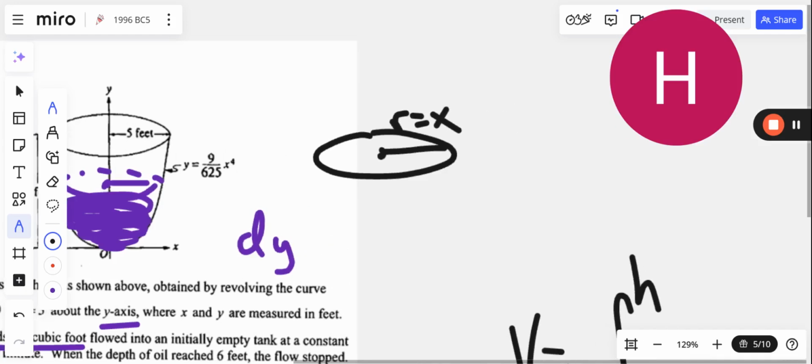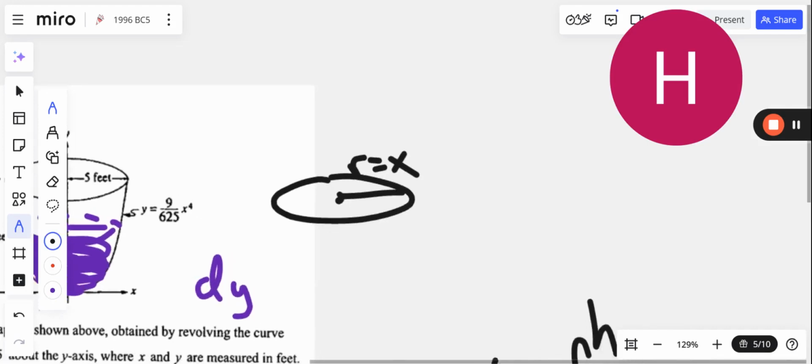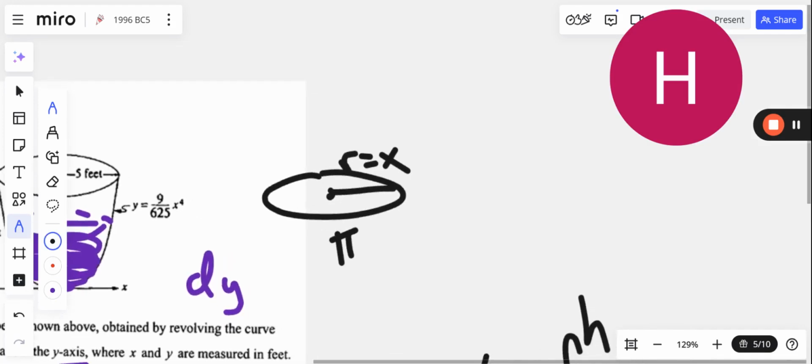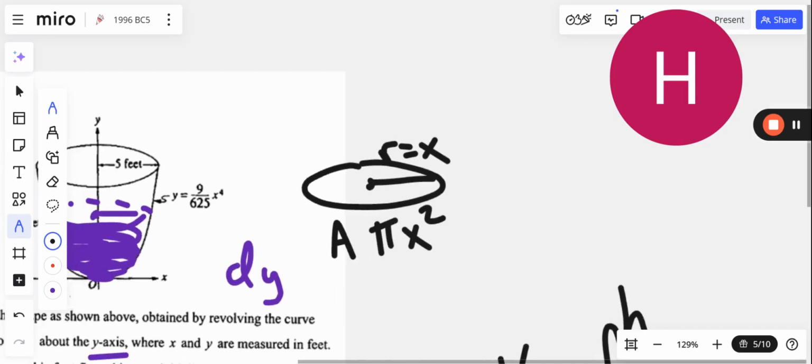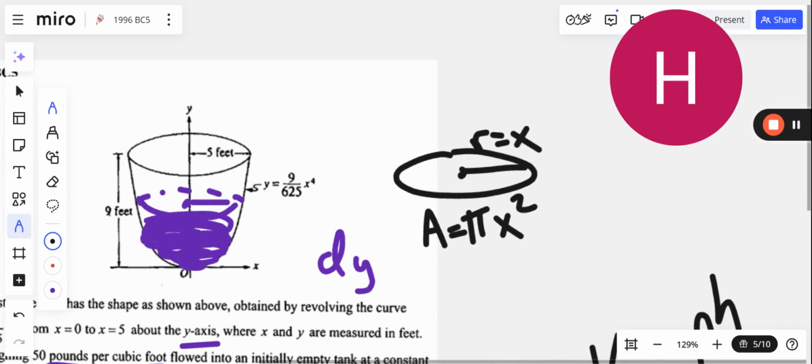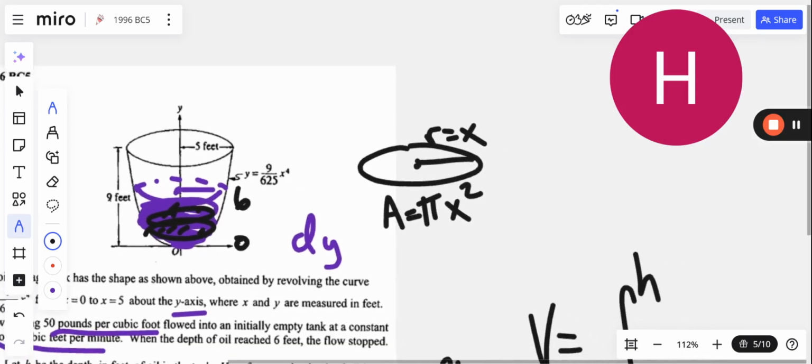We need to switch this around a little bit. And the area of each one of these disks is going to be pi times x squared. So if we can add up these sort of slices of oil, so to speak, from 0 to 6, then we can determine the overall volume.